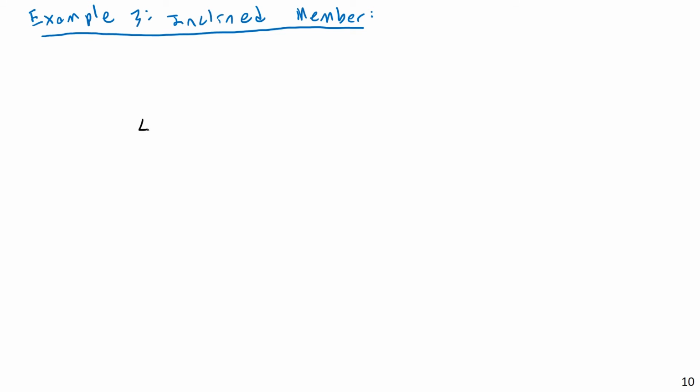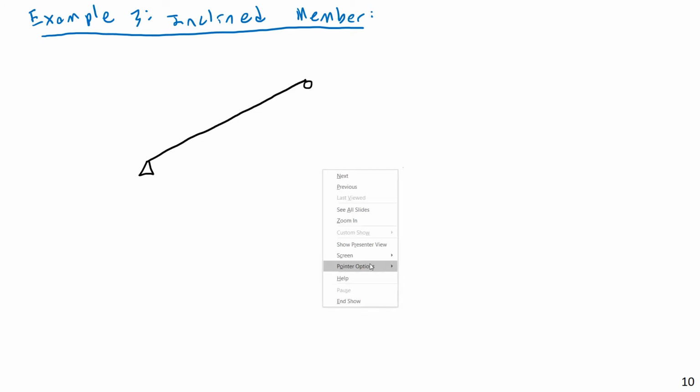So let's say we have something like this. Let's say we have a member, and I'll go ahead and make it simply supported. And then we work through this one all the way or not, just depending on what I feel we need to do. So say we have this here, and for simplicity, I'm just going to put a single load in the middle here.